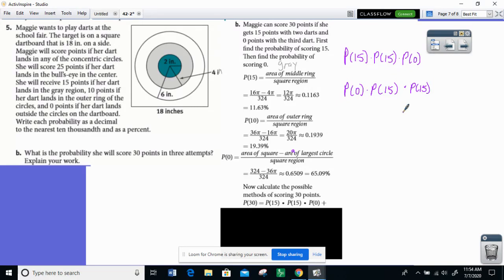Or she can get 15 points and then 0 points and then 15 points.